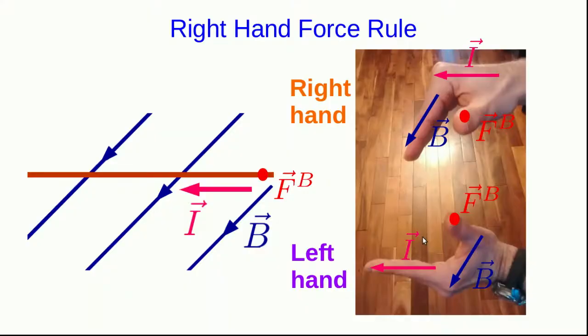There is nothing sacred about your right hand. We use a right-hand rule because we need some rule. Notice that if you put your hand along the direction of the current and your fingers along the B field, that gives you your magnetic force if you use your right hand, but you could use a left-hand rule where you reverse the order.